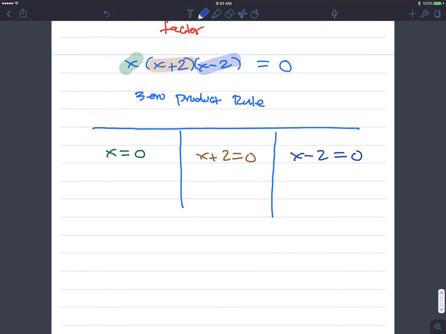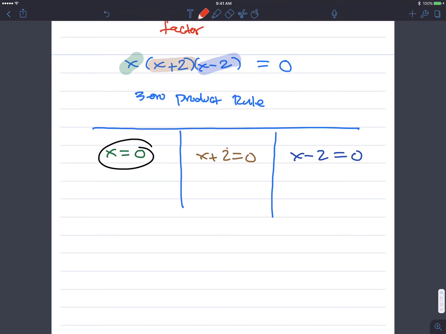So what's going on here is that you have a product of 3 terms and they equal 0. The only way that can happen is if at least one of those terms is 0. Either 1 or 2 or all 3. So what you're going to get now after you factor completely is equations you have to know how to solve. The good news is the first equation is solved already. X is 0. I have to solve the next equation.